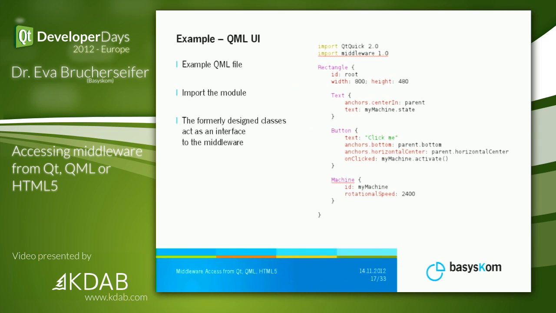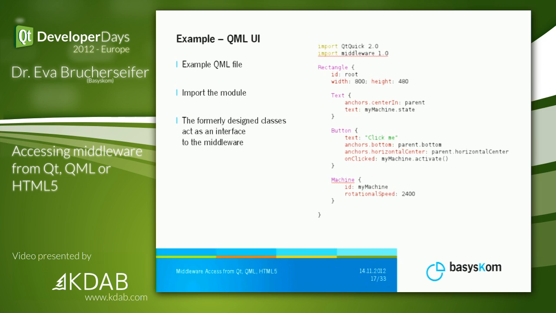It's a small code with a rectangle, a small button, and here we have finally the machine where we can set the rotational speed. We can set the rotational speed and get the state from the machine through property binding, and there we can use our formally described middleware.